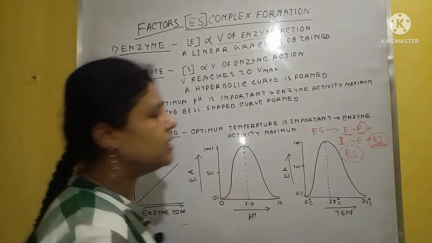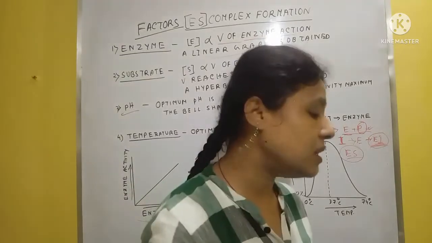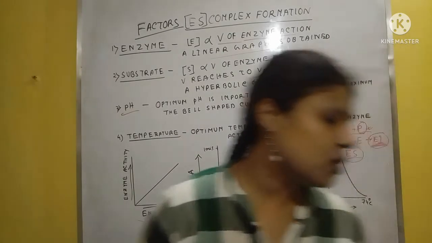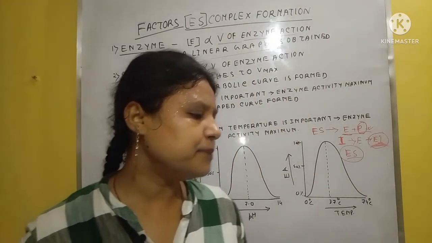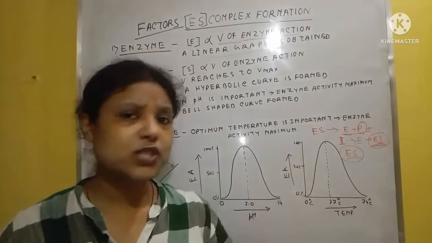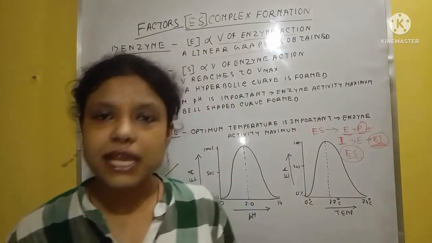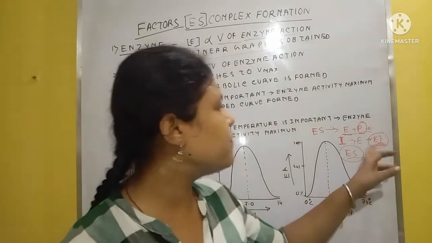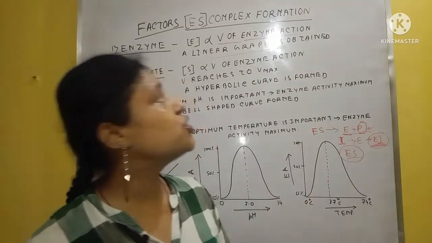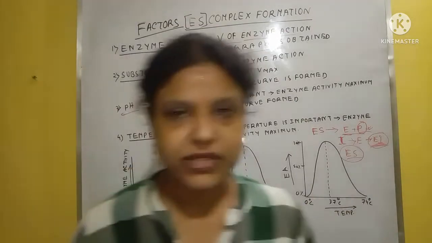So the inhibitor is another important factor. What we learned here is that if the product accumulates within the medium, the enzyme activity decreases, and if the inhibitor is present within the medium, then ES complex formation also decreases.